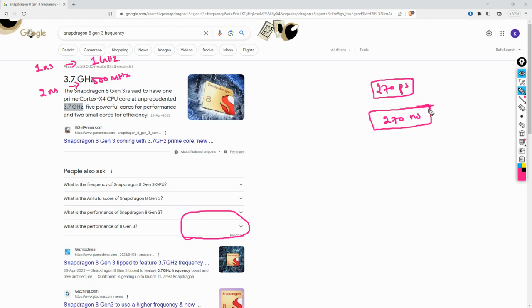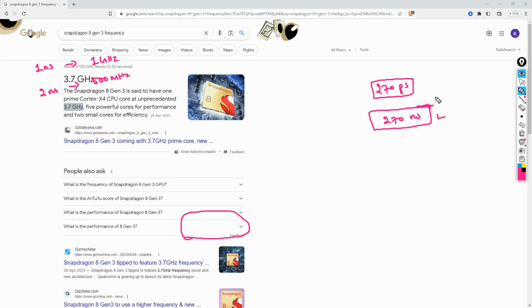This is 0.27 times 10 to the power 6. 0.27, that is, it is 270 nanoseconds. 270 nanoseconds. Okay.